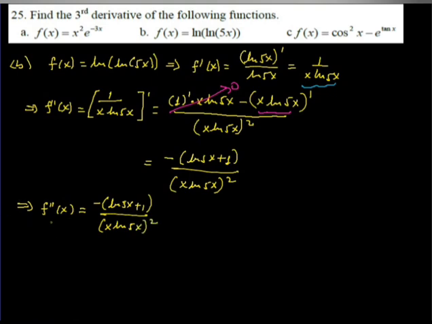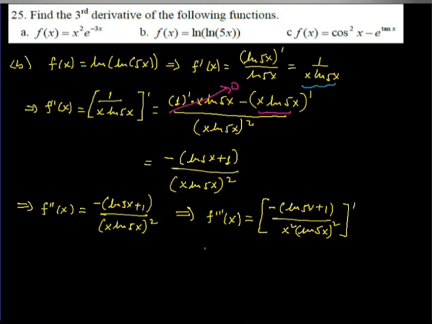So the third derivative will be obtained by taking the derivative of the second order derivative. So minus ln 5x plus 1 over x squared ln 5x squared. We take the derivative of this part to obtain the third order derivative. So apply both chain rule and quotient rule on this expression.